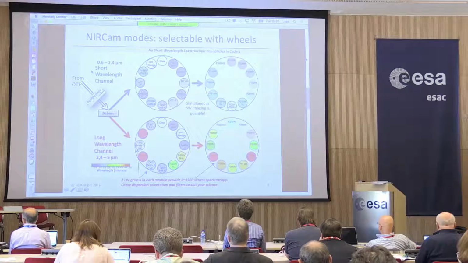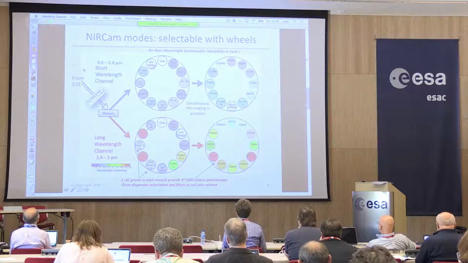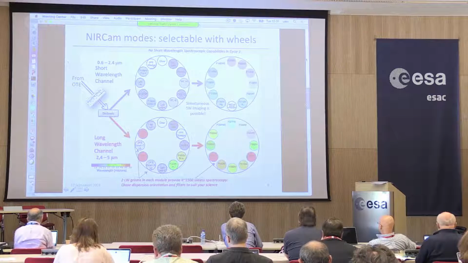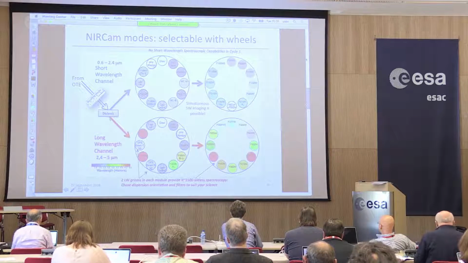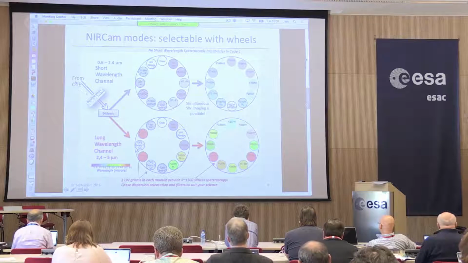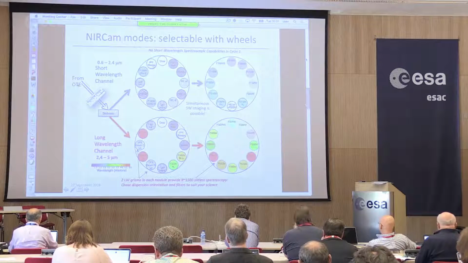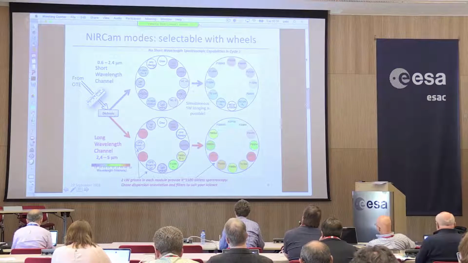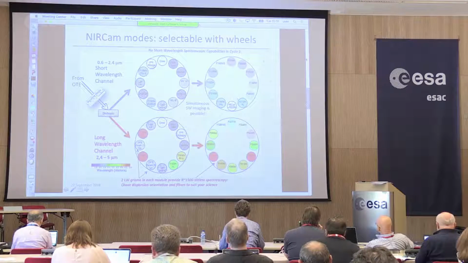Any mode in NIRCam is selected simply through filter wheels. Light comes in from the telescope here, and usually does not hit the coronagraph masks unless they're selected, then hits a dichroic, with the short wavelengths going into this channel where you can select both a pupil and a filter wheel component.